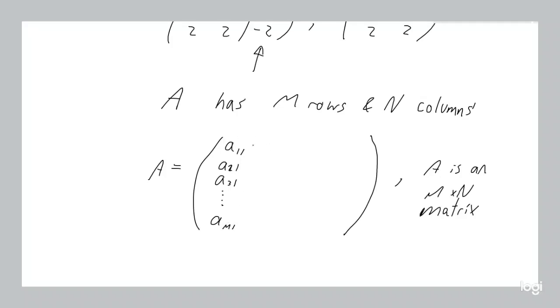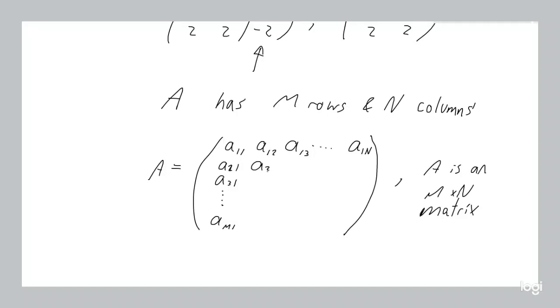What about the first row, second column? Well, that's A12. Next one, A13, first row, third column, and so on. And eventually the very last entry in that top row will be A1n, first row, nth column, because there's n columns in general, right? What about this value here?